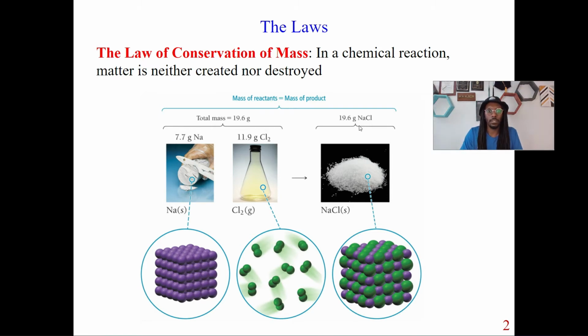This is how we have to think about conservation of mass. Matter stays constant. That's the key thing. You put in a certain amount, expect to get out a certain amount.